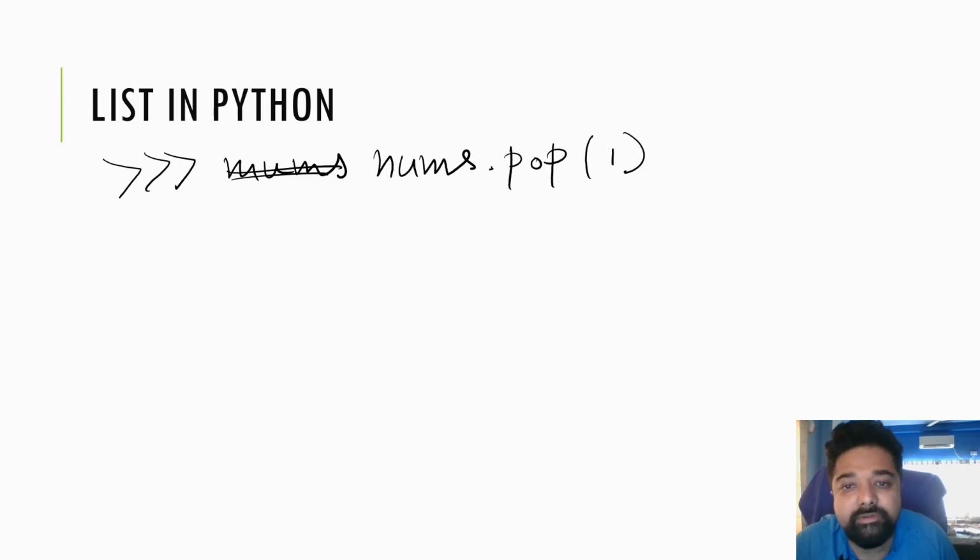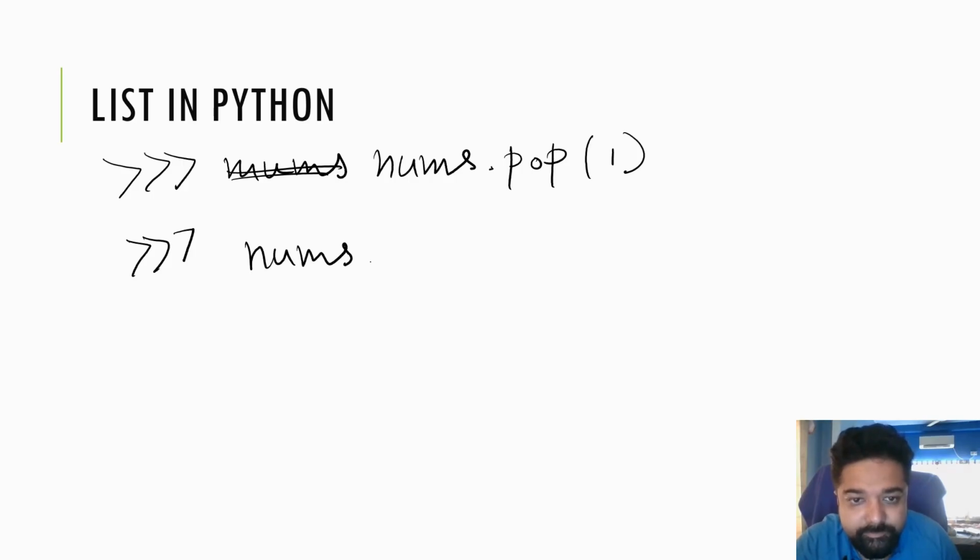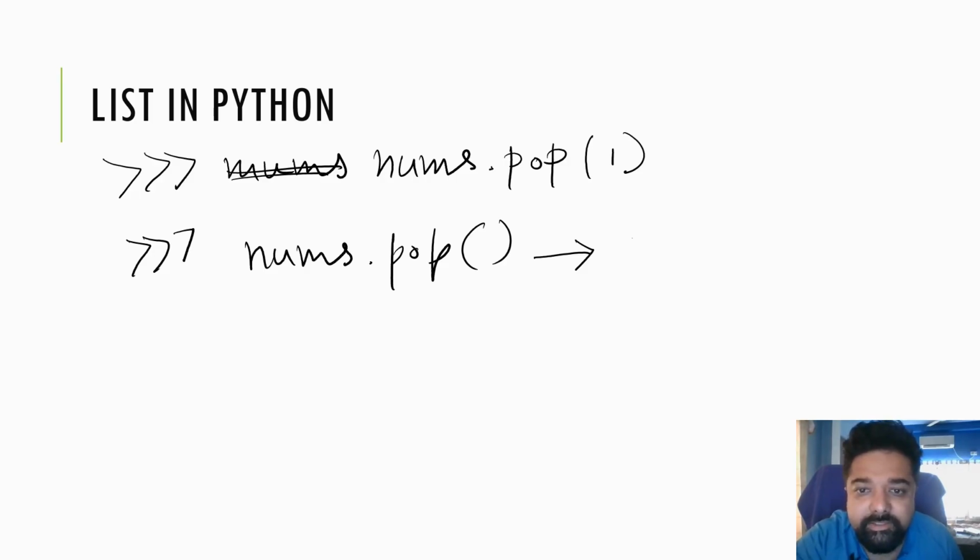So this will pop the value of that list, not remove, it will pop the value. But if you pass no value, then this will delete or pop the last value from the list.